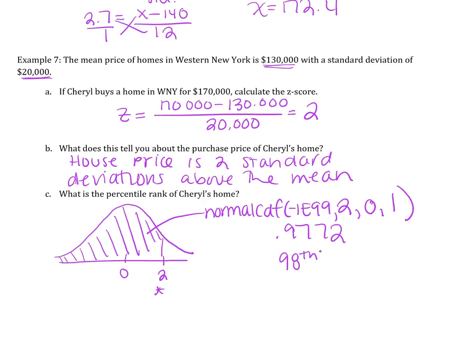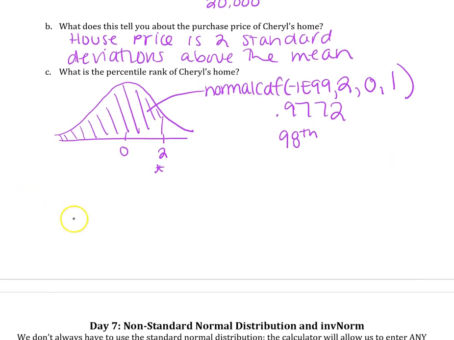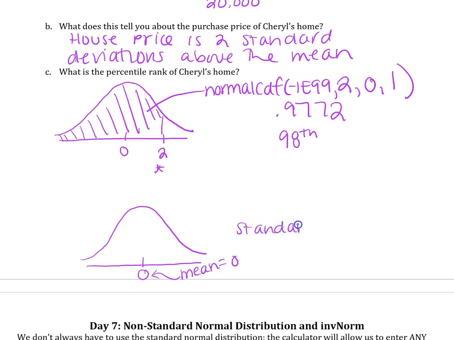Okay? So again, the big takeaway from today, guys, is that we can use our standard normal distribution and normal CDF in our calculator to determine probabilities. The two things you need for a standard normal distribution are a mean of 0 and a standard deviation of 1.